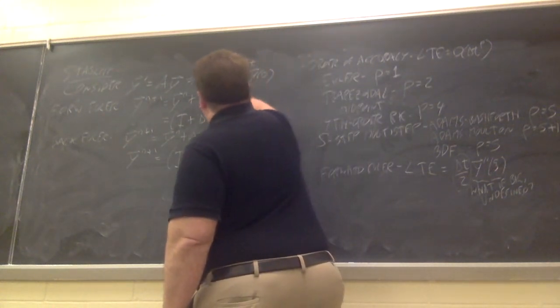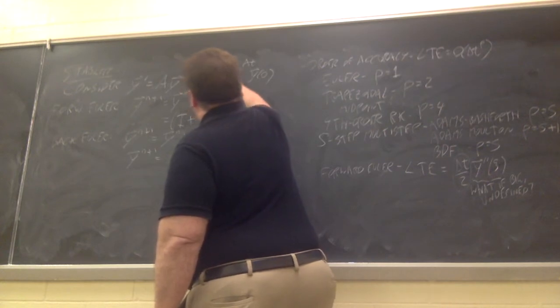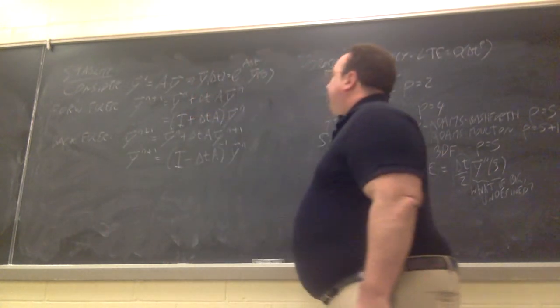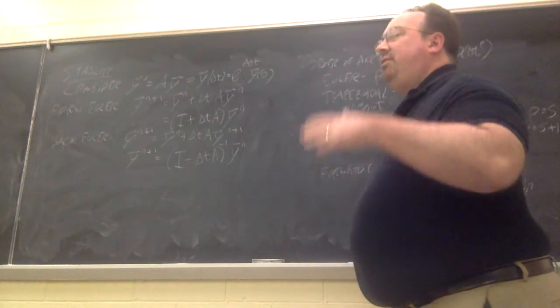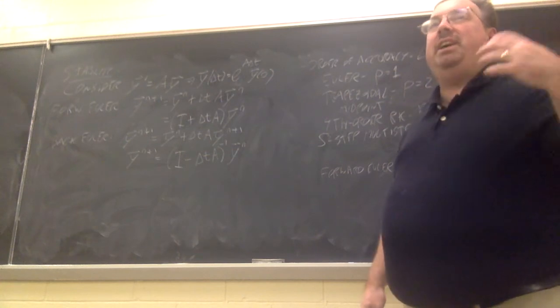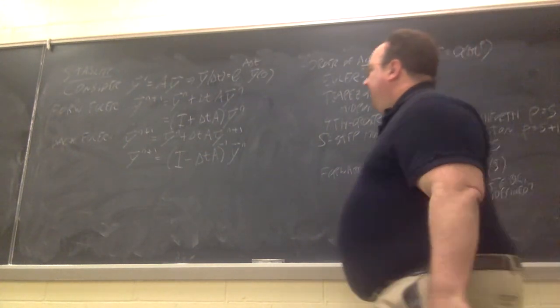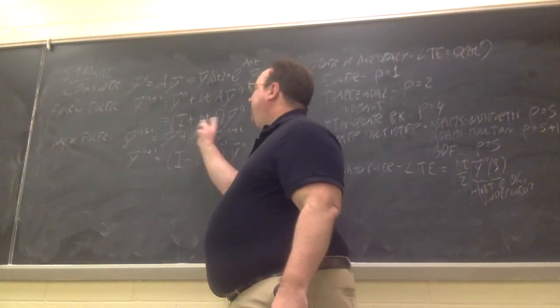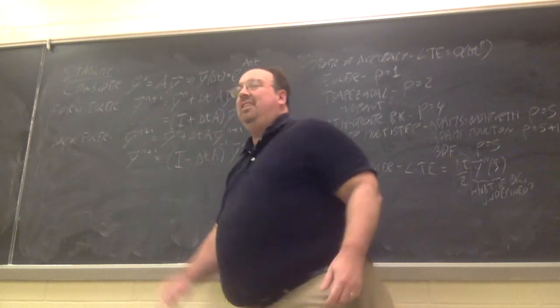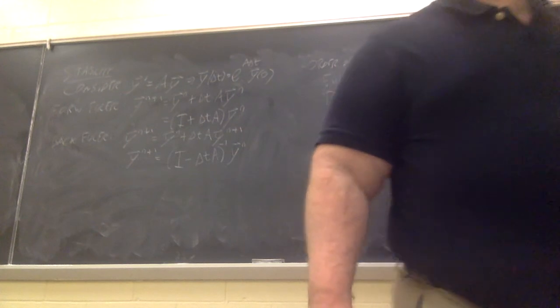I'll fill in delta t just for consistency. So the point is to take a time step with the exact solution, you multiply by e to the A delta t. Now here we do not have e to the A delta t, but can anyone tell me how this relates to e to the A delta t?